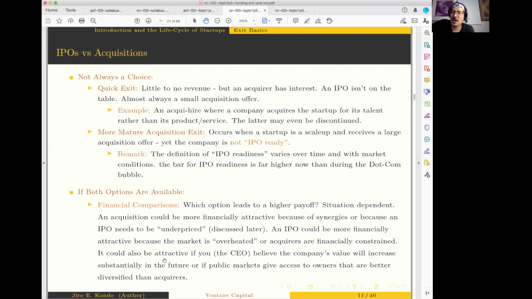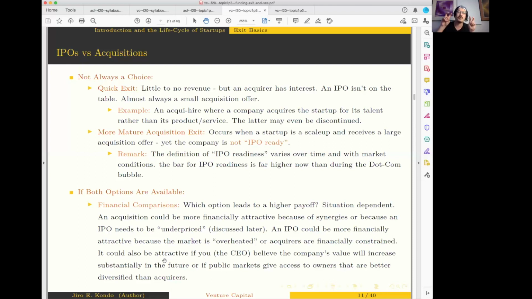So quick exits are almost always, over 99%, acquisition exits. And really early on, it might even be acquisitions that are not so much about the company, but are about the talent in the company.